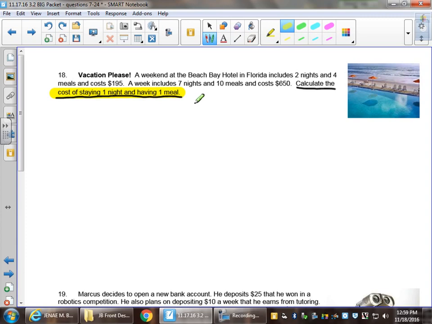On your chart, cost or price of each item tells me that this is an Ax plus By equals C, a standard form system.